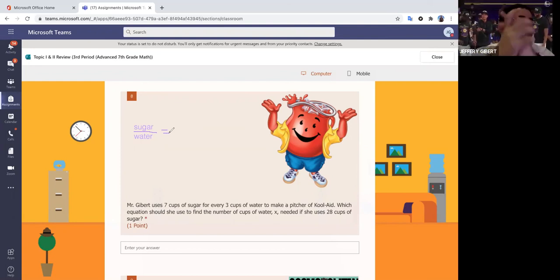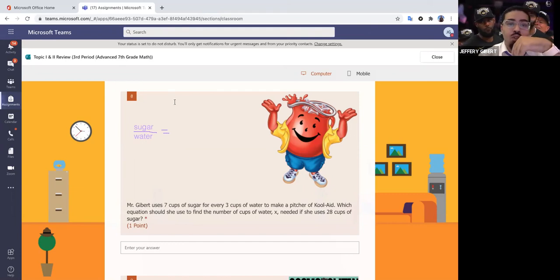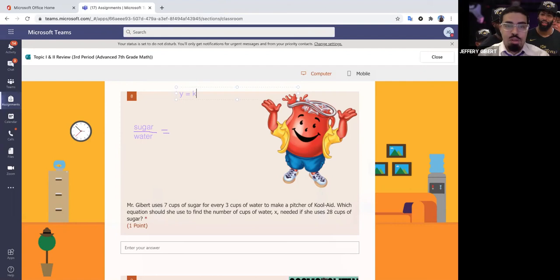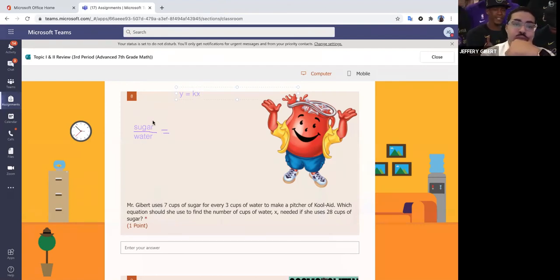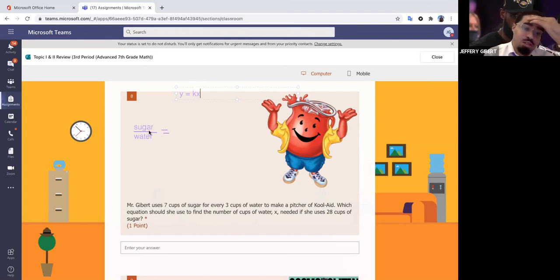Oh, and then you gotta find the equation. So sugar over water will help you find your equation. And remember, our equation should be written in y equals kx format. Sugar is your y, water is your x. You just have to get this and change it to the k.